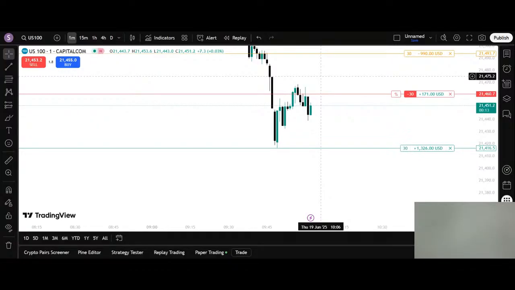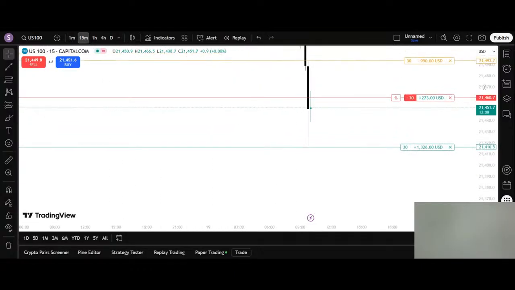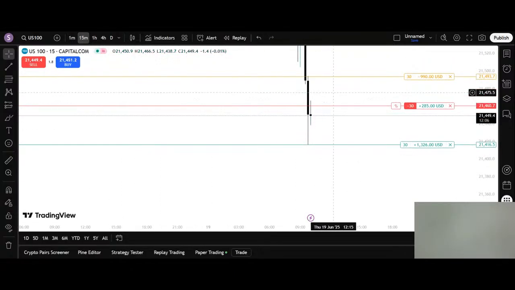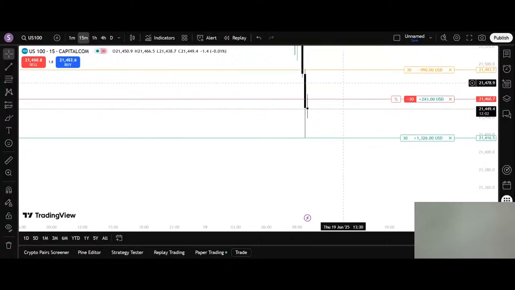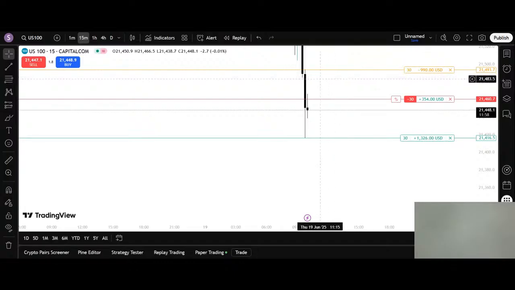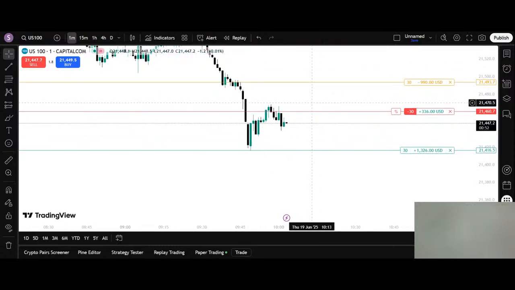Still, I'm gonna wait for it. The 15-minute looks good to be honest. It also closed bearish. Wait for it.